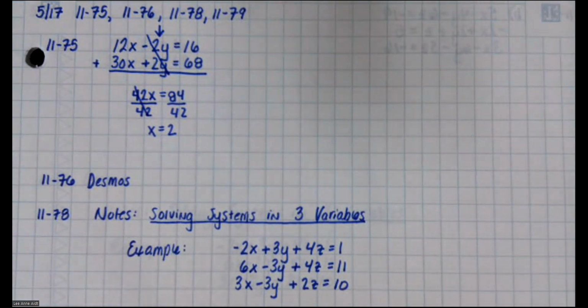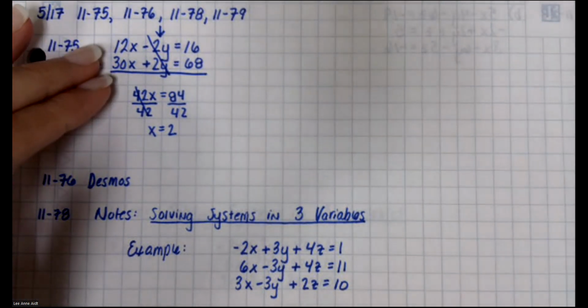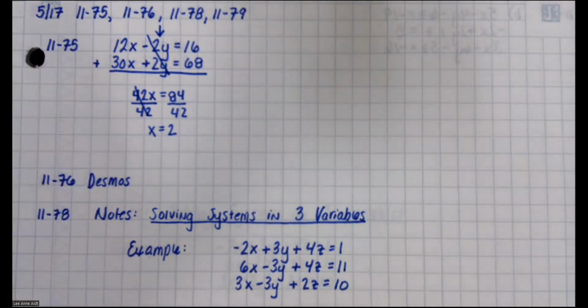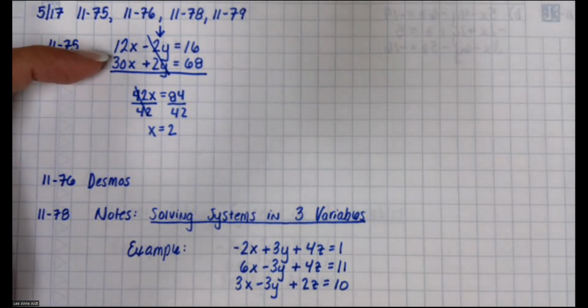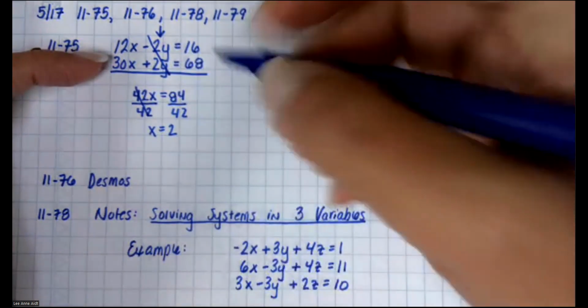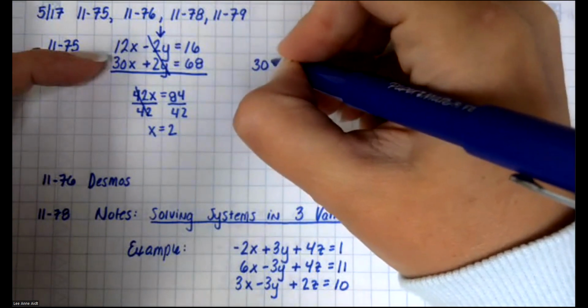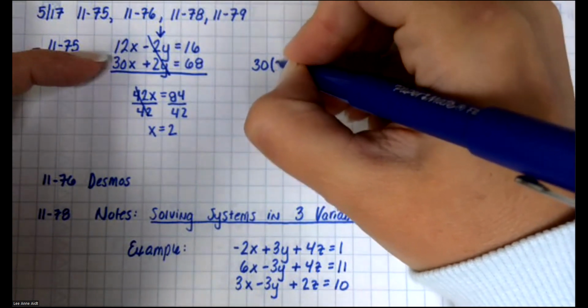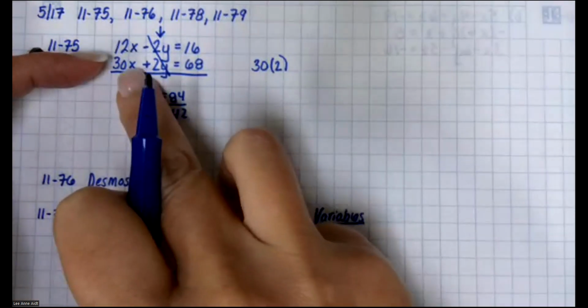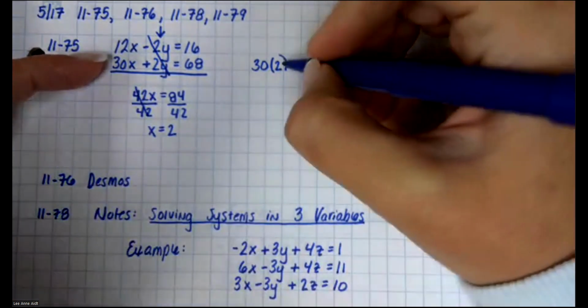Okay, this is not the end of this problem. We found x, and we need to plug it back into one of the equations to get y. It doesn't matter which equation, just pick the one with the easier numbers. I'm going to pick the second equation because it's all positive. So 30 times 2. So I took the 2 and put it in for x here.